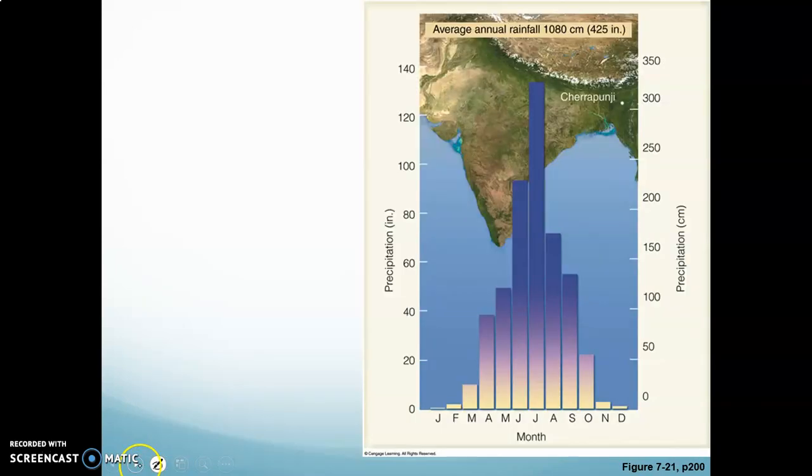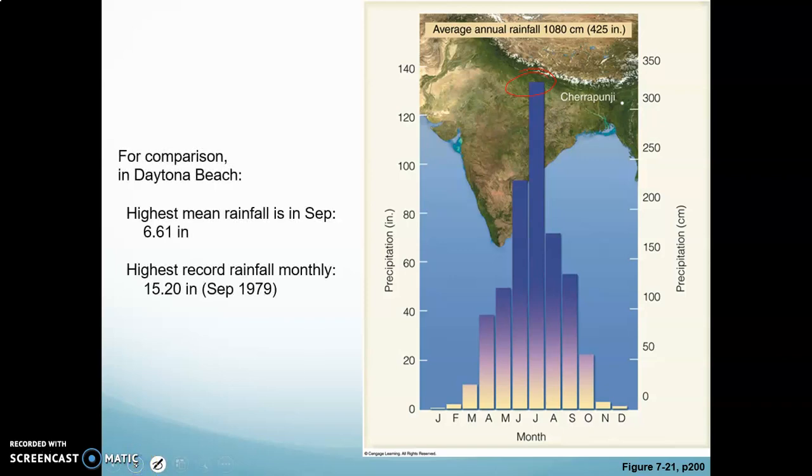How much? The city of Cherrapunji has an annual average rainfall of 425 inches. In the month of July alone, you're getting 135 inches. One month, they get 135 inches. Now, just for comparison, here in Daytona Beach, the highest average monthly rainfall is in September, which is 6.61 inches on average of rain.